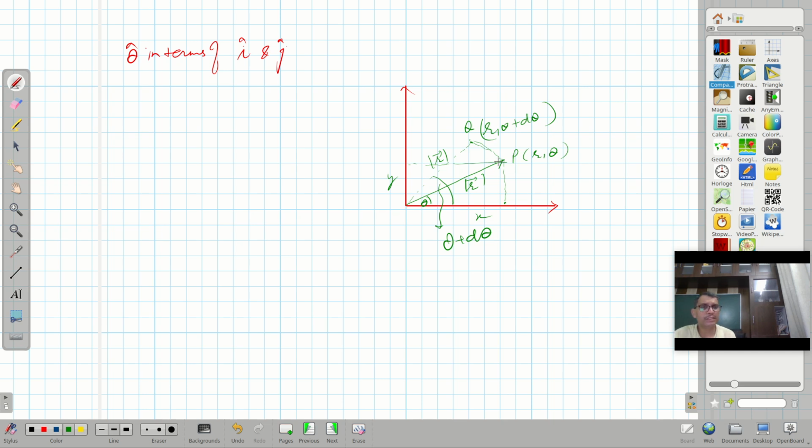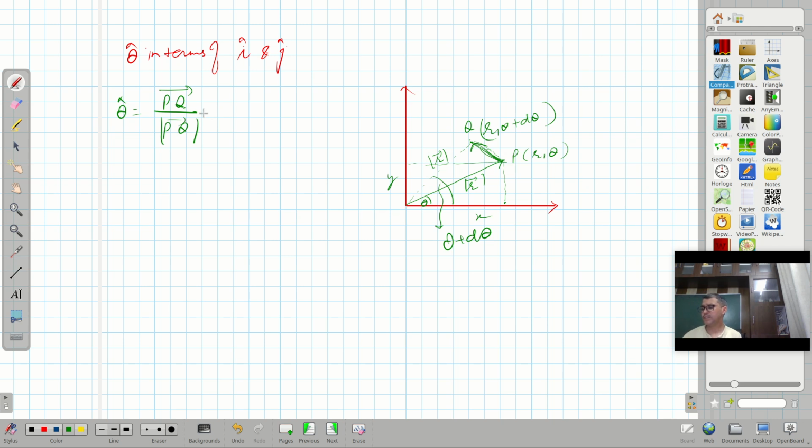So that means this is the PQ vector, along which theta is changing. So the unit vector theta cap is basically the PQ vector divided by its magnitude.